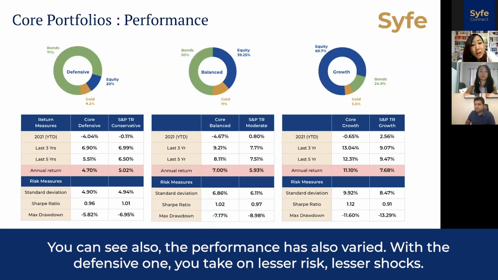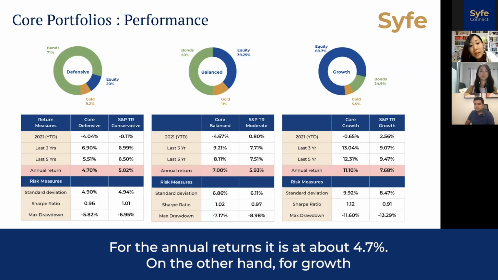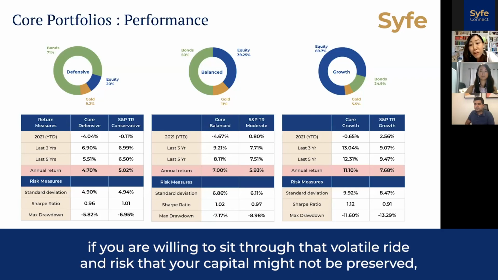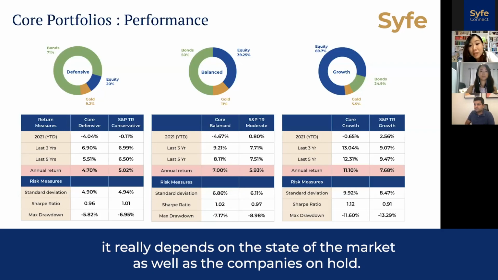So you can see also on this screen here that the performance has also varied. The defensive one, you take on lesser risk, lesser shocks. Therefore, the annual return is about 4.7%. Now, on the other hand, for growth, if you're willing to sit through all that volatile ride, and risk that your capital might not be preserved, it really depends on the state of the market as well as the companies on the whole.